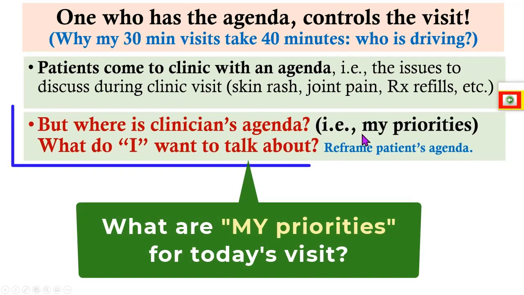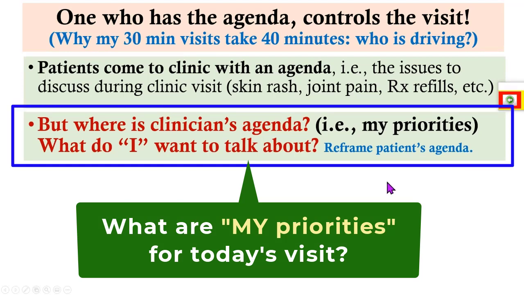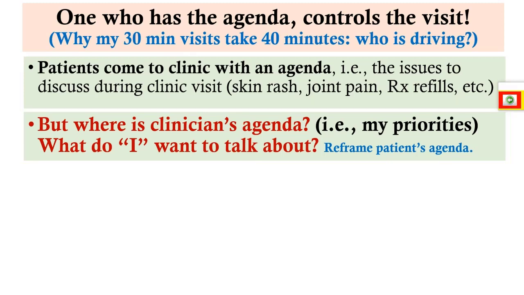A lot of times we, the clinical staff, do not have a clear agenda other than knowing that I have to take care of hypertension and diabetes. But that's not really the agenda. Your agenda is, I need to specifically address this issue or that issue.